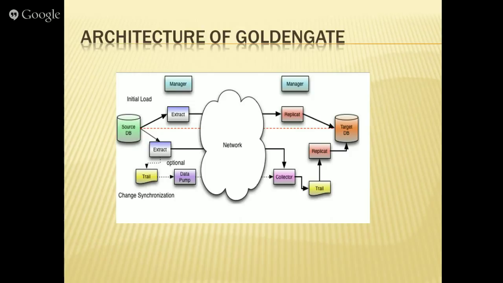So it maintains this commit sequence number, and checkpoints provide fault tolerance if something goes wrong. They prevent data loss if the system, the network, or the Goldengate process needs to be restarted, like the capture, the replicat, or the data pump. We will be looking at which directory holds this information.